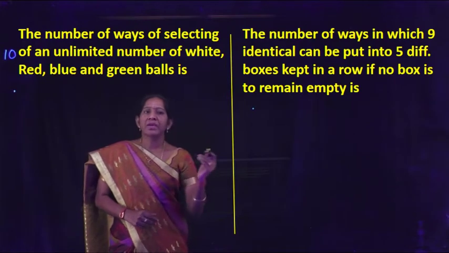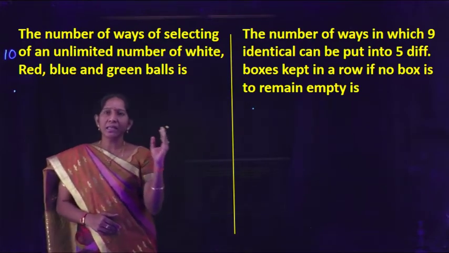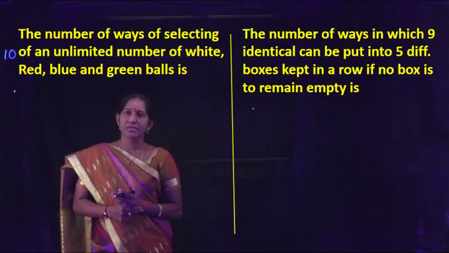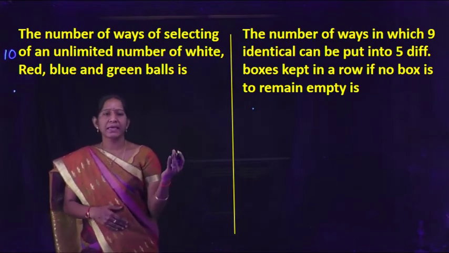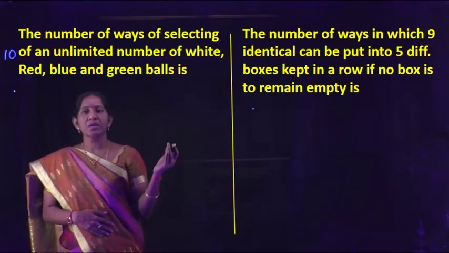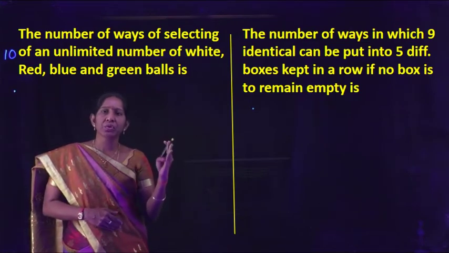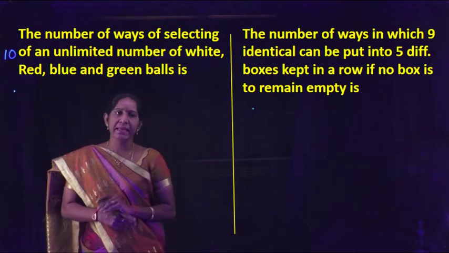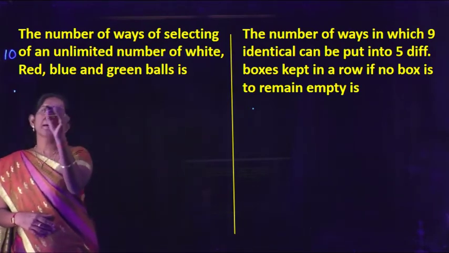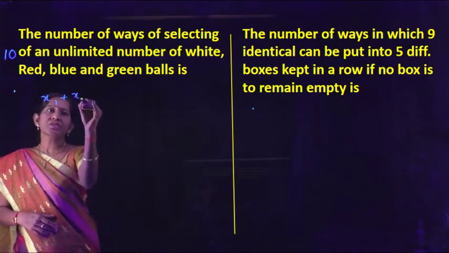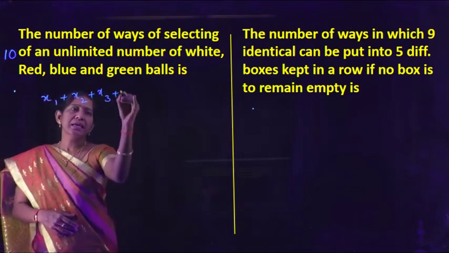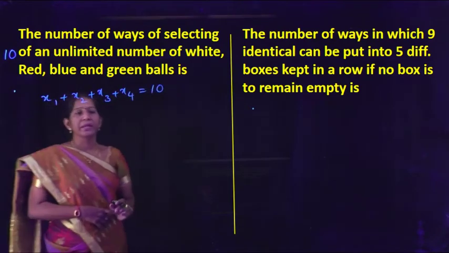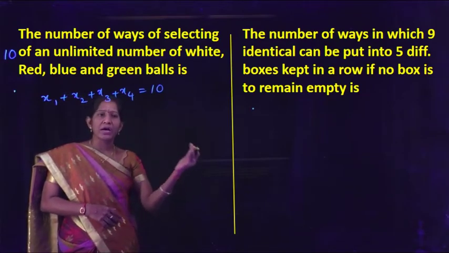The number of ways of selecting 10 balls from an unlimited number of white, red, blue and green balls. So the total number of balls here is 10. So identical balls, 10 balls are there, divided into 4 types of groups, that is white, red, blue and green balls. So x1 plus x2 plus x3 plus x4 equal to 10 is given. The 10 balls can be distributed in these 4 ways: white, red, blue and green balls.